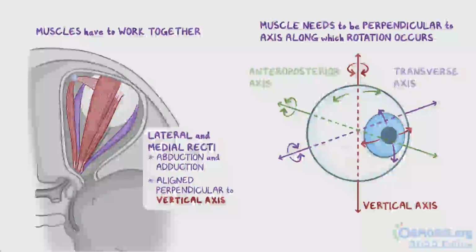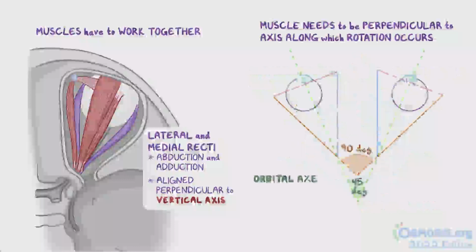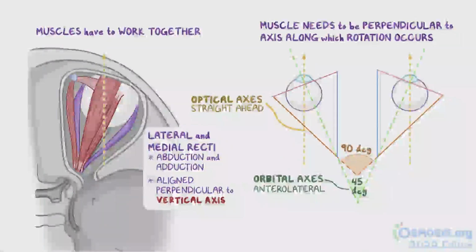However, as we discussed before, the orbital axis points anterolateral, where the optical axis points straight ahead. Since the orbital and optical axes are not aligned, the rest of the muscles are somewhat oblique to all the axes of the eye. Therefore, they rotate the eyeball along the 3 axes.